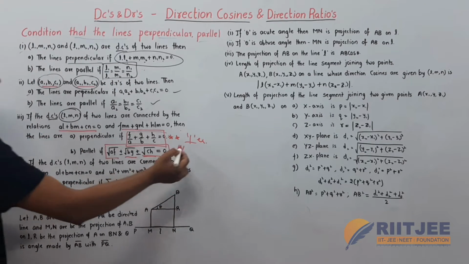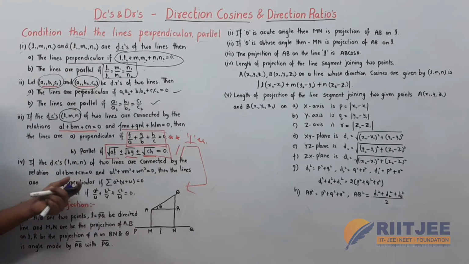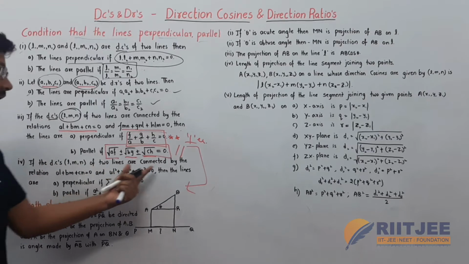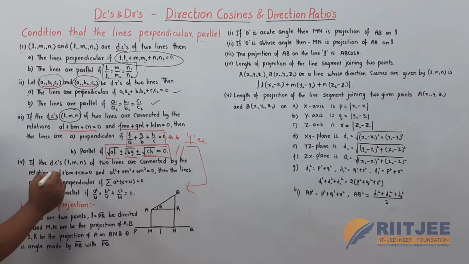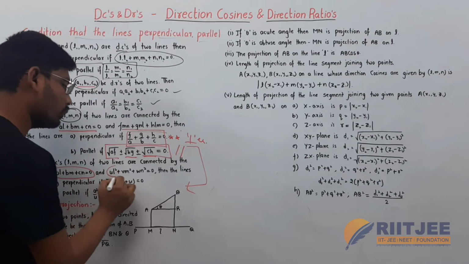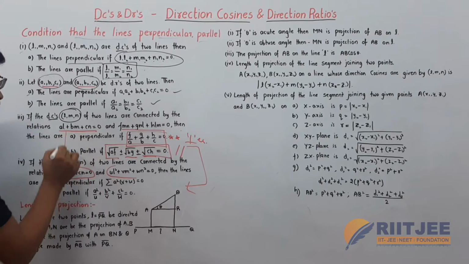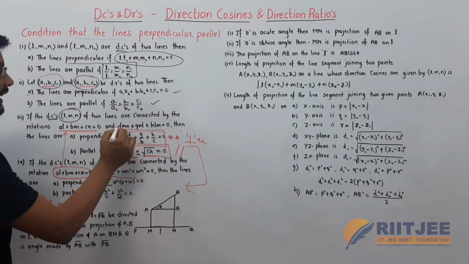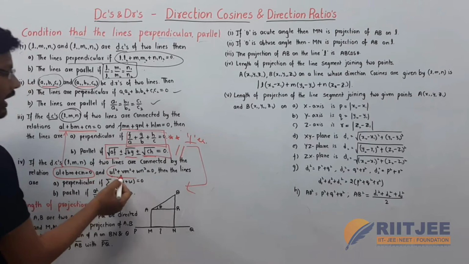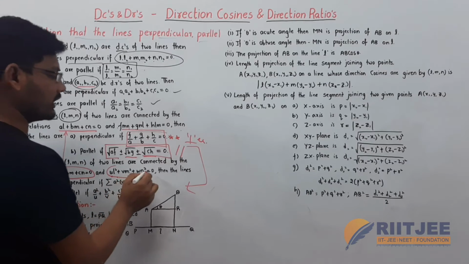Similarly, here we have one more pair of lines. This is also for direction cosines of two lines connected by the relation al plus bm plus cn is equal to 0. The first line is common, and the second line differs for the two conditions: ul square plus vm square plus wn square is equal to 0.